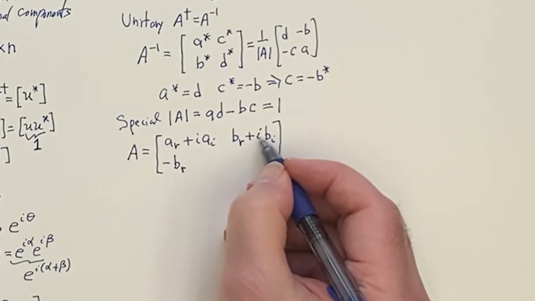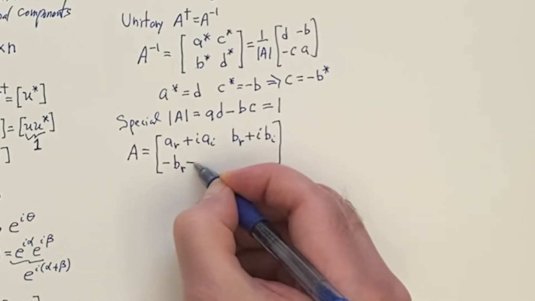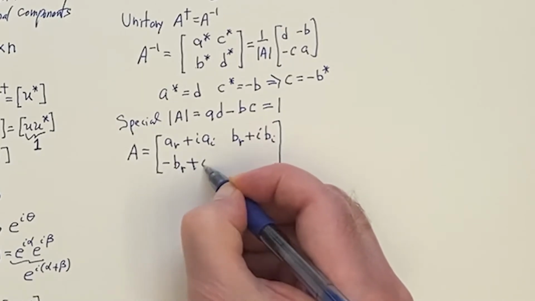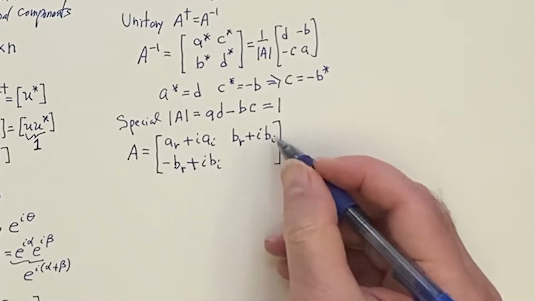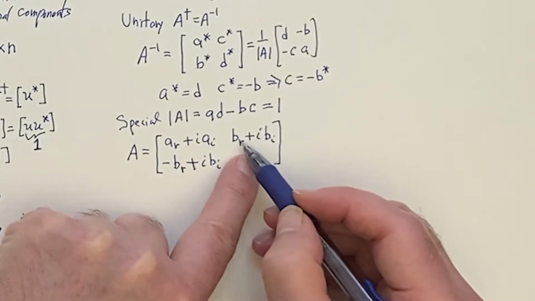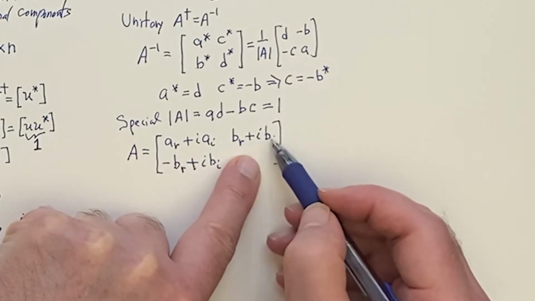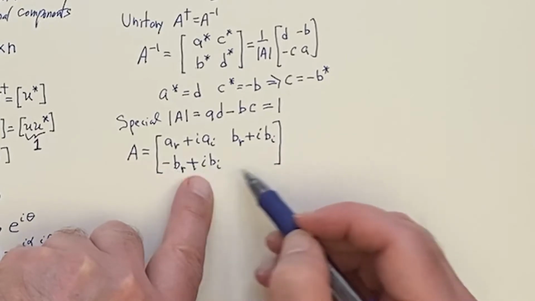And if you star that, that's going to be a minus I, but then this minus sign will make it a plus. And this will be a B I. So if you take the star of this thing, you would have BR minus IBI. But then if you put the minus sign in, the minus sign goes to the BR, and this becomes a plus sign.